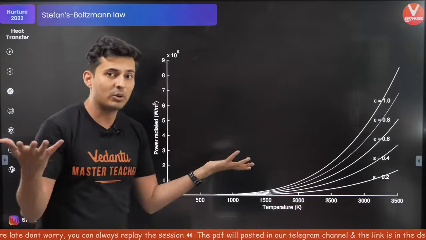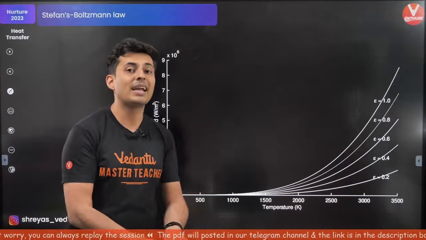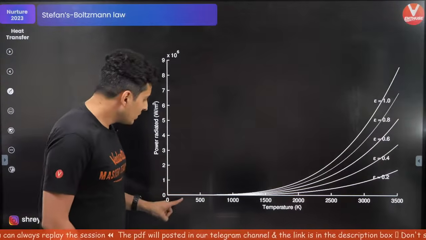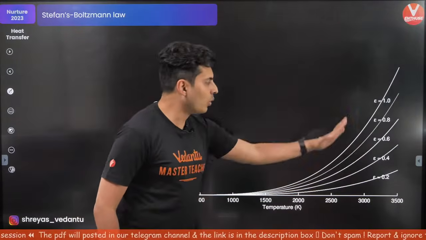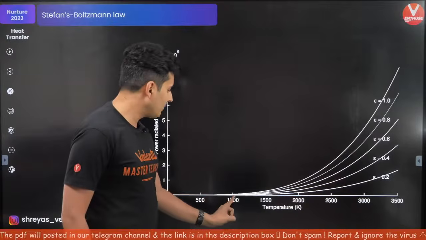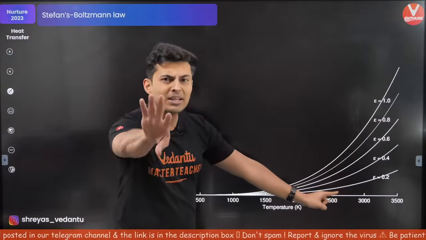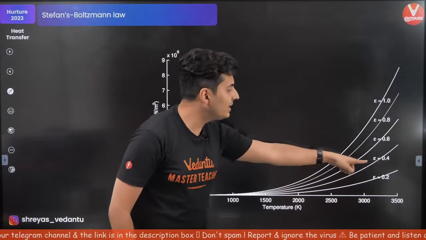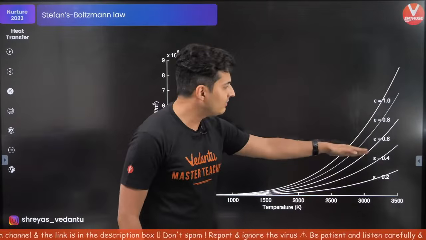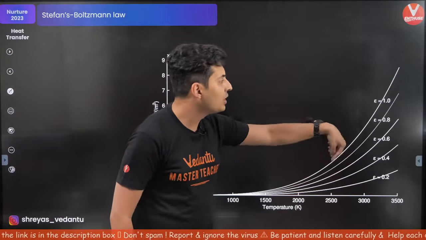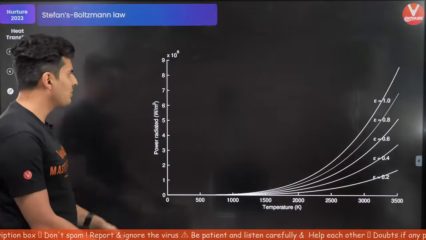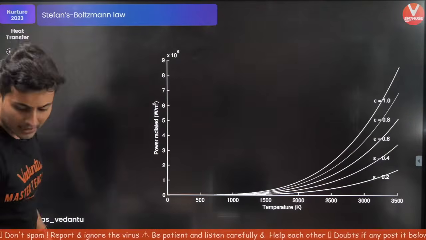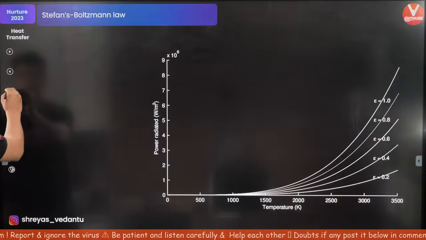Power is energy per unit time. Radiated means emitted out of it. The x-axis is temperature. More the temperature, more the power. Not just that, if emissivity is more for the same temperature, you have more power. Area can also be plotted, but let me put that for you.